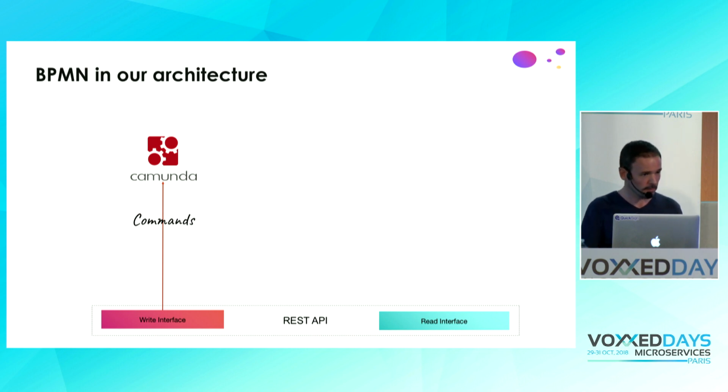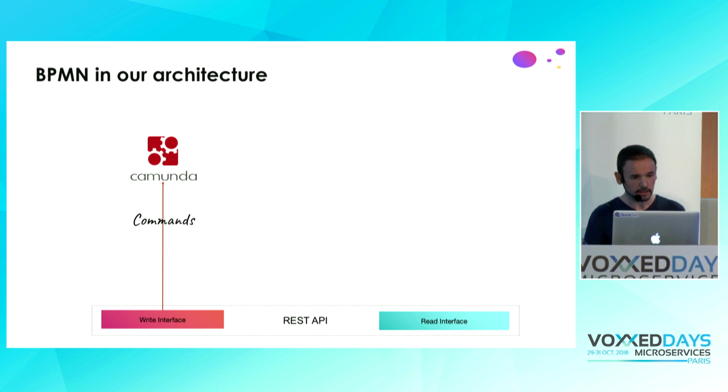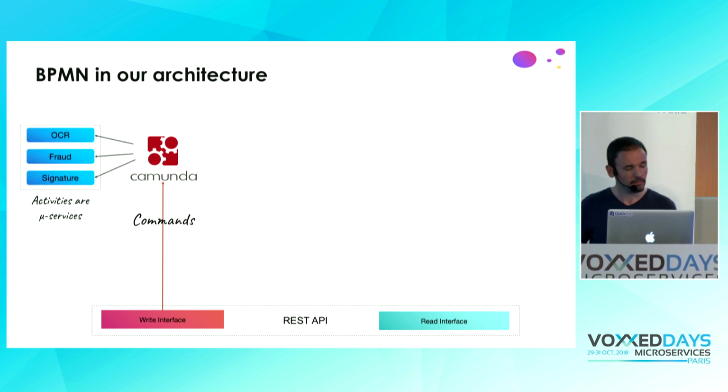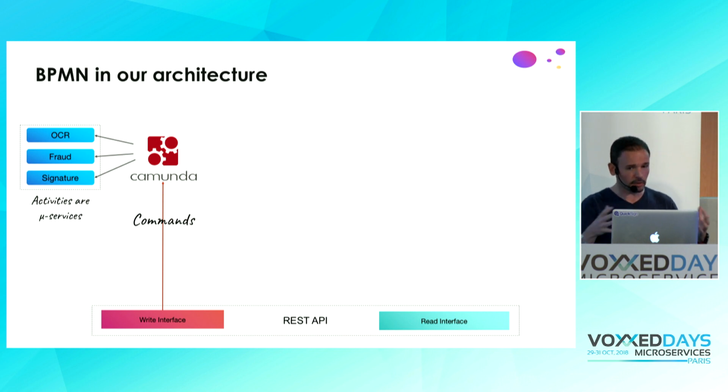So we implemented the Kappa architecture and CQRS-ES, the separation of commands and queries, on top of Camunda using Kafka. We separate the write interface and the read interface. The write interface generates commands which are sent to Camunda. When Camunda executes its BPMN process instance, it calls one of the microservices that are available in our platform, such as our OCR engine.